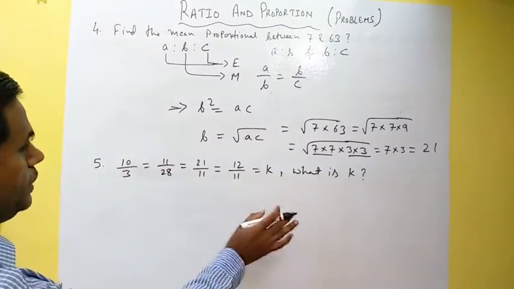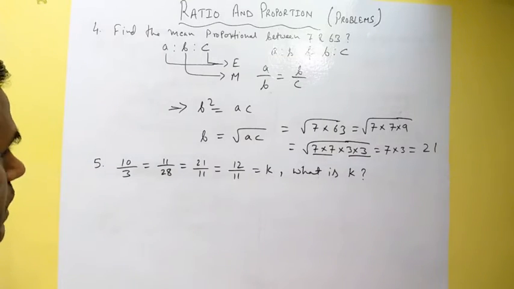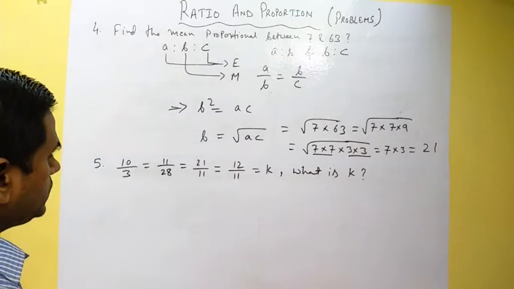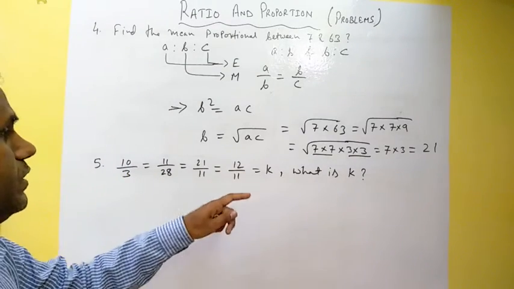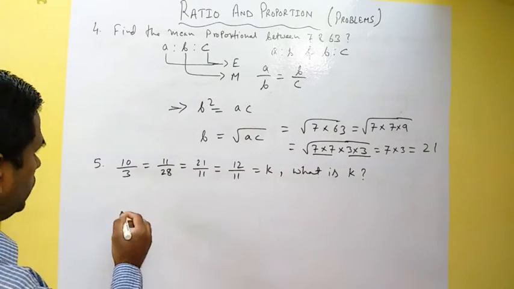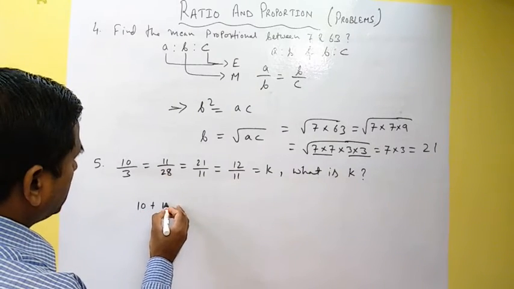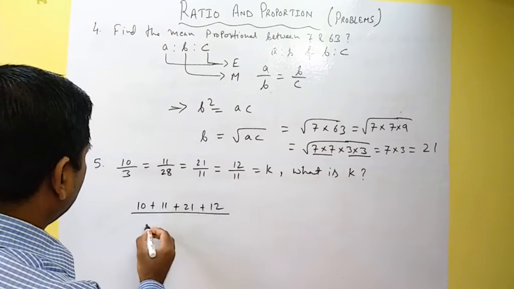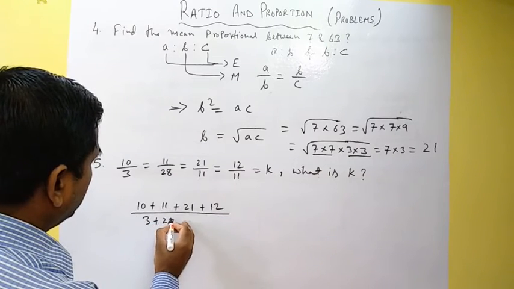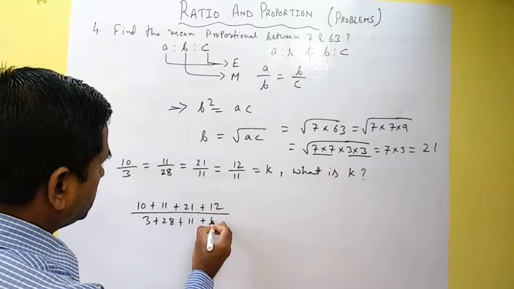Okay, so here very easy steps, friends. What we have to do is just add all the numerators as well as denominators. So we can write here 10 plus 11 plus 21 plus 12 upon 3 plus 28 plus 11 plus 11.